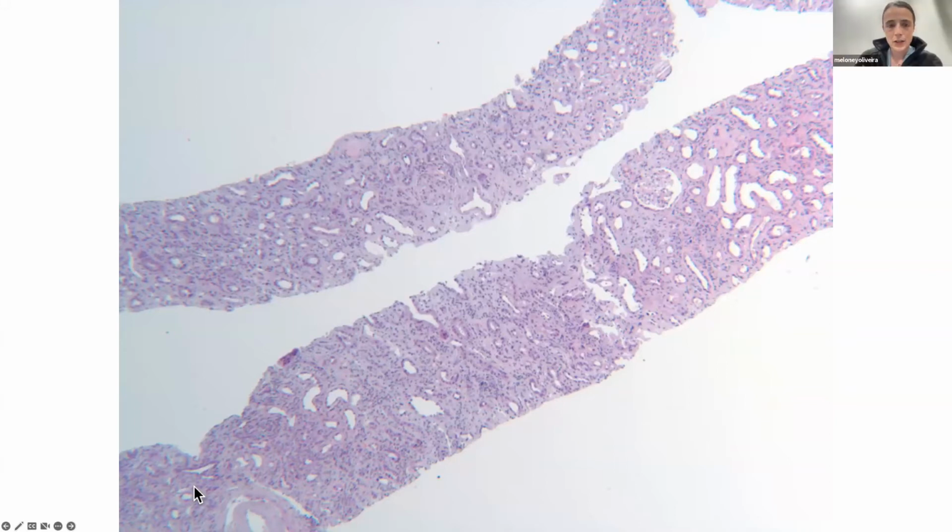All right. So this is the H&E stain again, looking at two cores. Looking at this section here, it's mostly looking at the tubules, and in the interstitium, it does appear hypercellular. And looking up here, I can see one glomerulus.